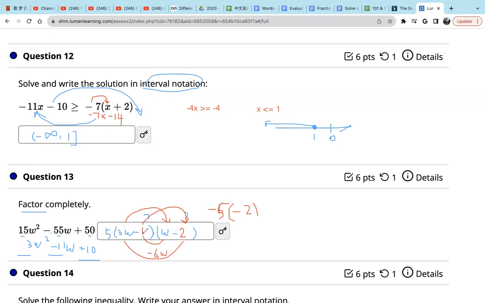Then I put a -5 here. -5 times w, -5w. Adds up, bingo, -11w. So that's it. This is our answer: 5 times, open parenthesis, 3w minus 5, close parenthesis, open parenthesis, w minus 2, close parenthesis.